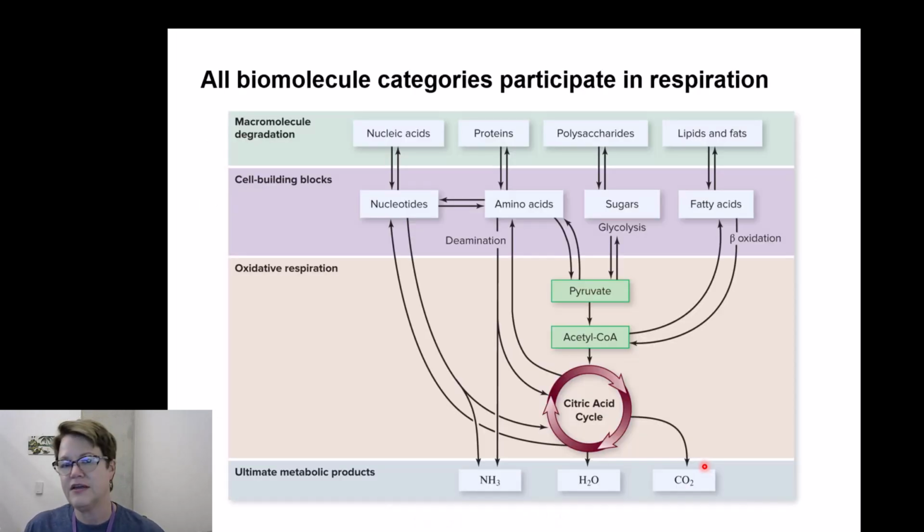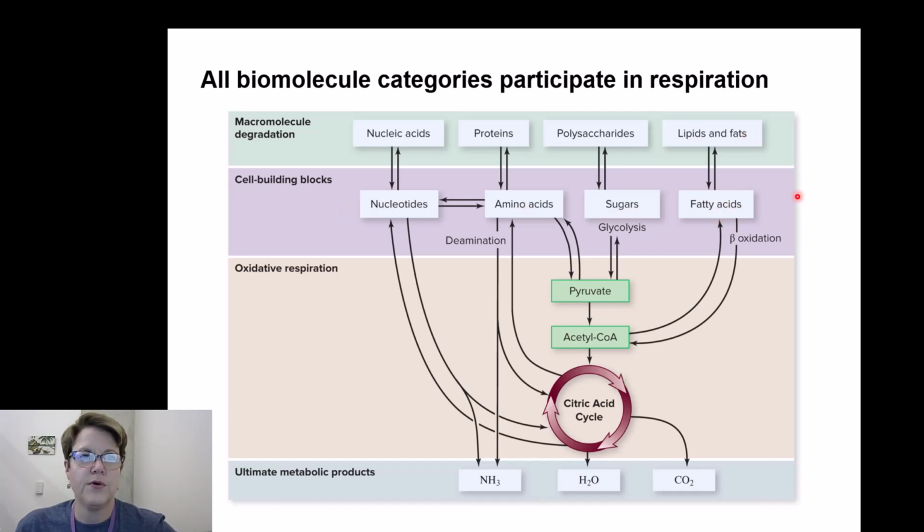This is a map, kind of an artist drawing of what all the molecules can do, and it's, as you can tell, kind of complicated, but if you look at it, the macromolecules, nucleic acids are broken down into nucleotides, proteins are broken down into amino acids, polysaccharides can be broken down into monosaccharides, and then lipids and fats can be broken down into fatty acids.